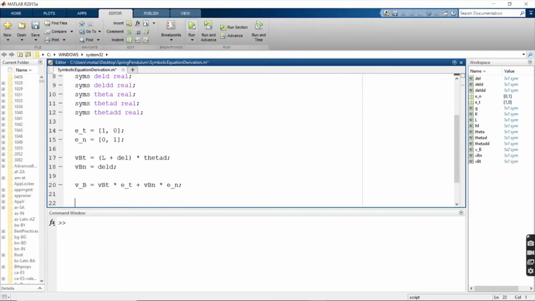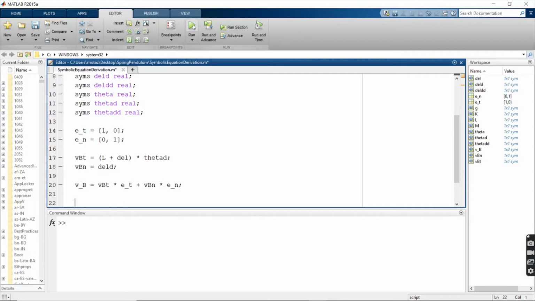Okay, next we get the kinetic energy of the system, and the kinetic energy we said is 1/2 mass times v squared. Since v is expressed in vector notation, we need the dot product of v dotted with itself.